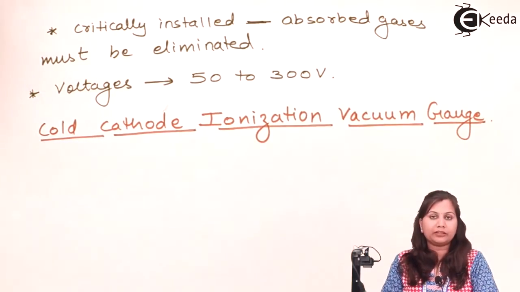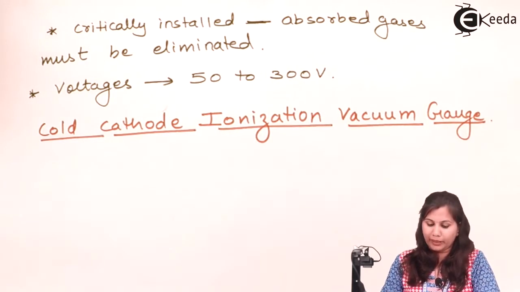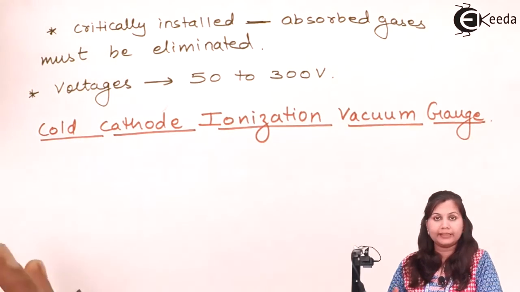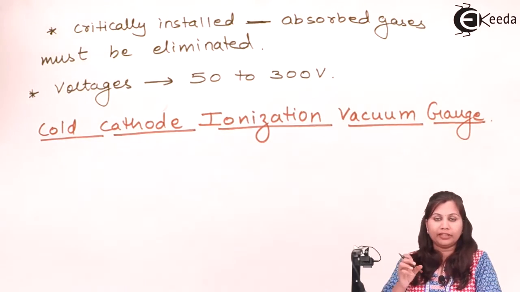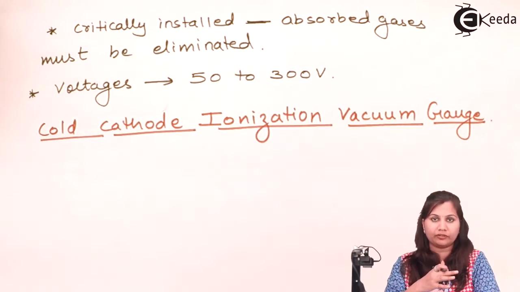Now the difference between the hot cathode and cold cathode type is the method which is used to produce the ions. In the hot cathode, the ions are produced by thermionic emission. We are heating up the cathode. The cathode is generating electrons, the electrons are further generating the positive ions, and due to that current is being generated.